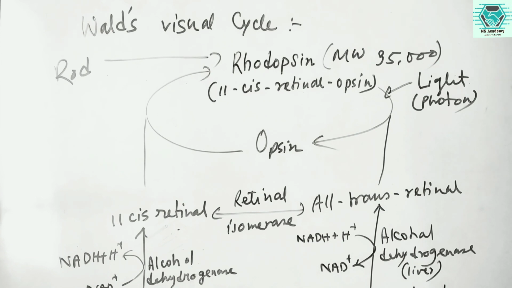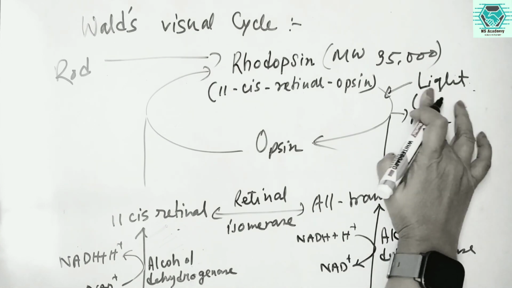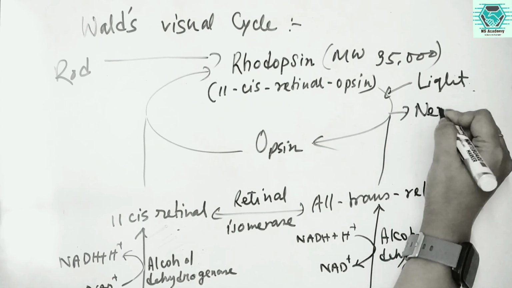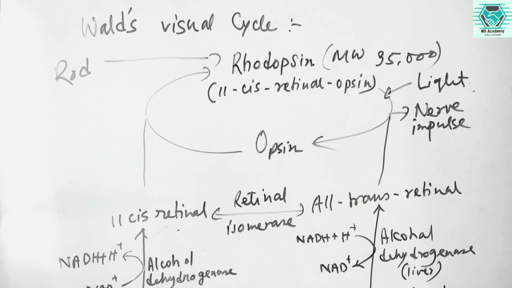This leads to a conformational change in opsin, which is responsible for the generation of a nerve impulse. So light is the stimulant, then this reaction occurs and we get the nerve impulse.